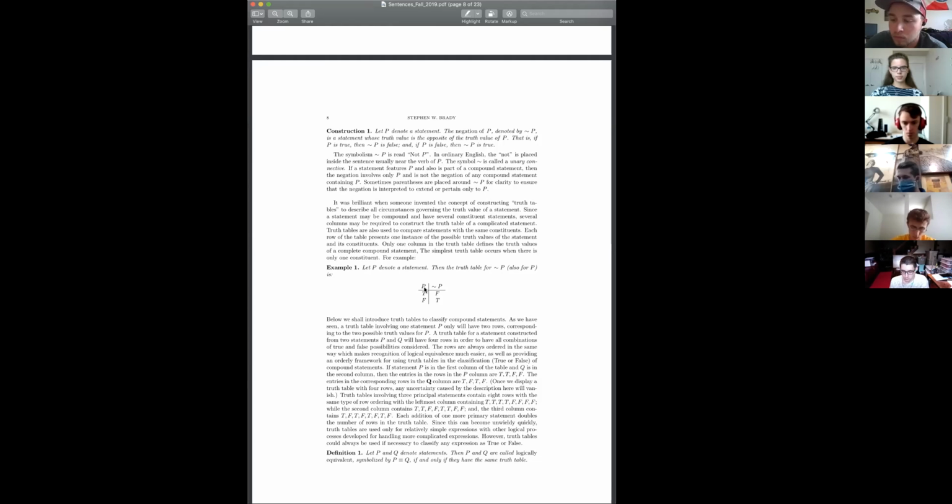I care about whether it's true or false. So I don't care what the statement says, but if I assume it's true, then if I put a squiggle in front of it, that's saying it's false. Not P is false when P is true. And not P is true when P is false. It's a very simple idea.